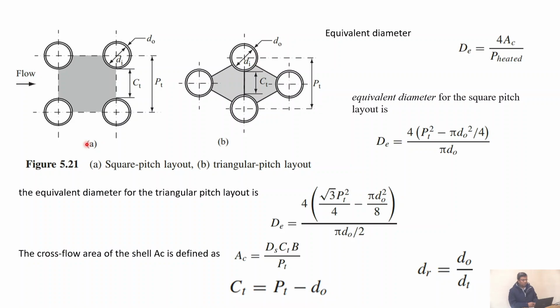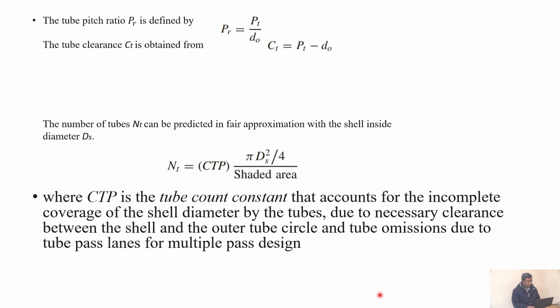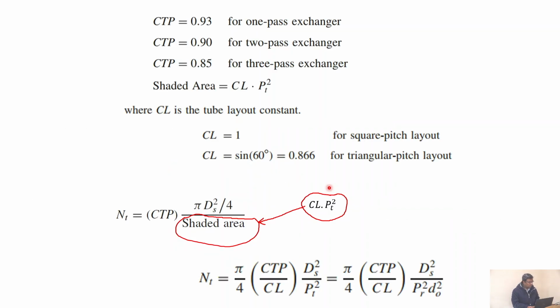And there are a few other quantities also. So for example, there is a DR, which is DO divided by DI. And CT is PT minus DO. No, one minute. There is no DT.